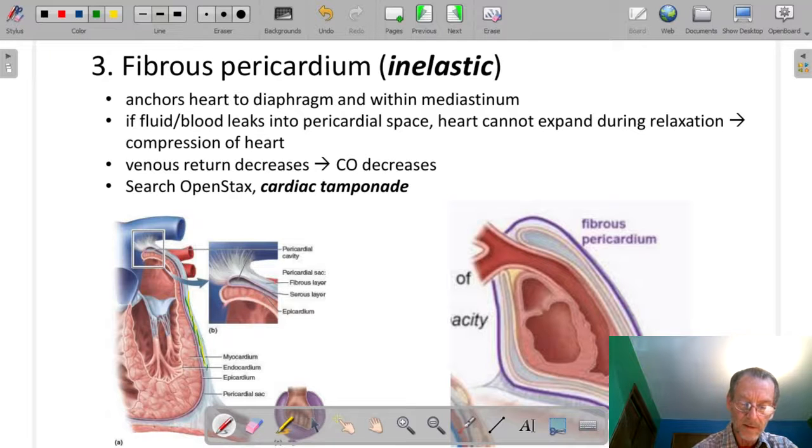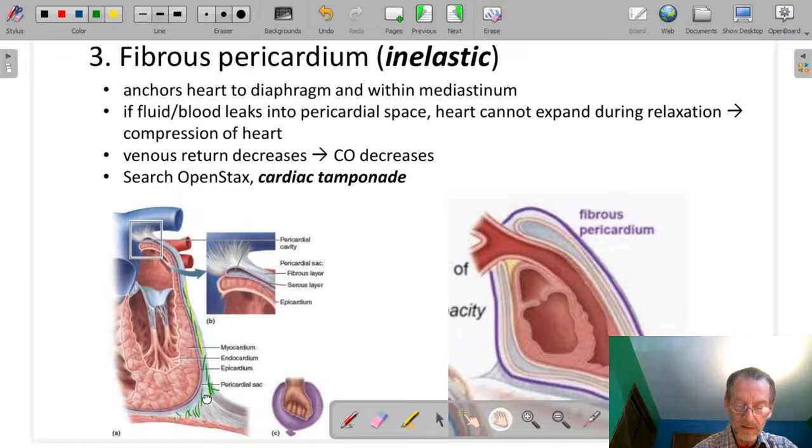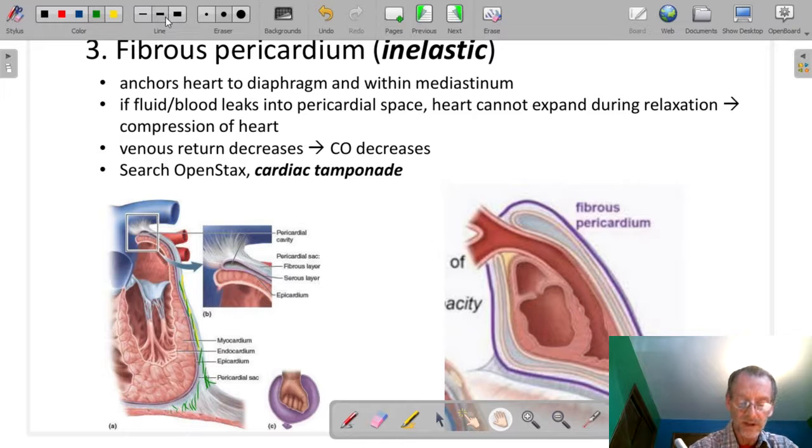So this is very tough, fibrous connective tissue that attaches the heart to, what's the structure immediately below in that diagram? What is this?